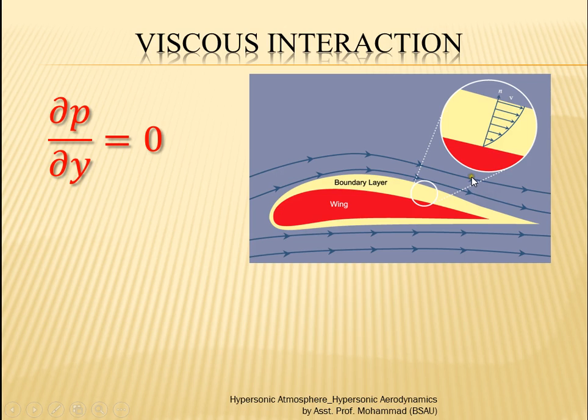If the pressure is not varying, then what happens is the temperature is varying. Temperature goes high, pressure remains the same, so naturally the density has to come down at this level. If temperature goes high, density comes down. So in the boundary layer, density comes down. In the shock layer, density goes high.